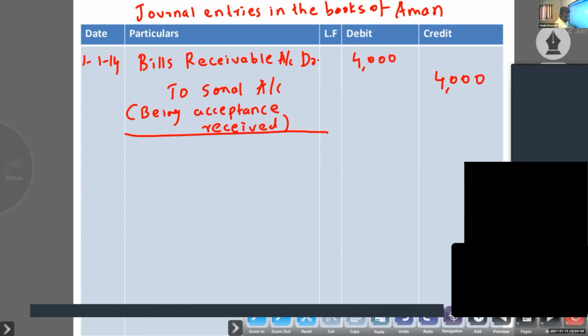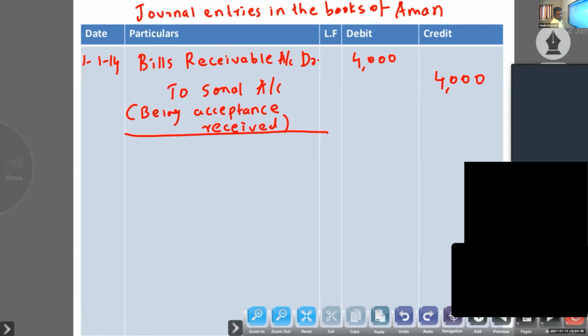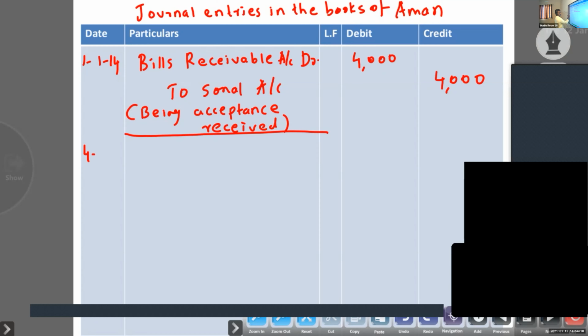Next, Sonal retired the bill on 4th March. So 4th March retired. So bank account debtor, rebate account debtor to bills receivable account.